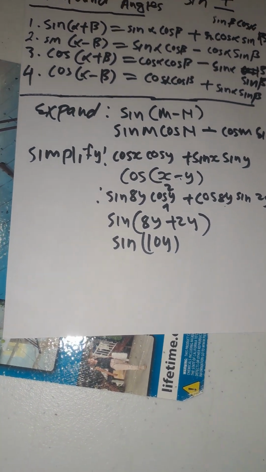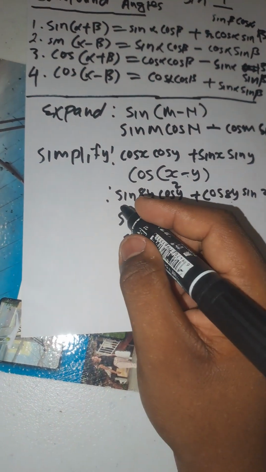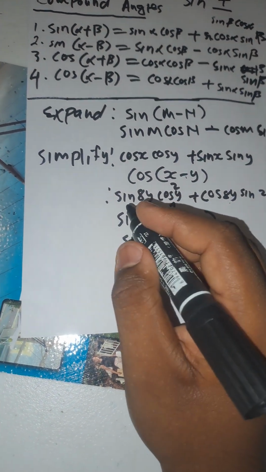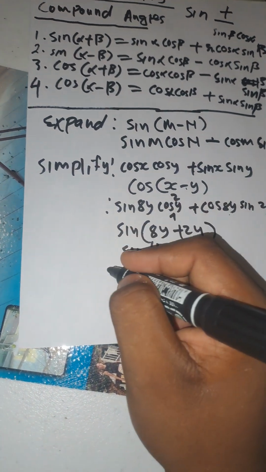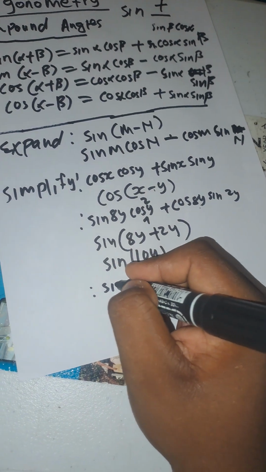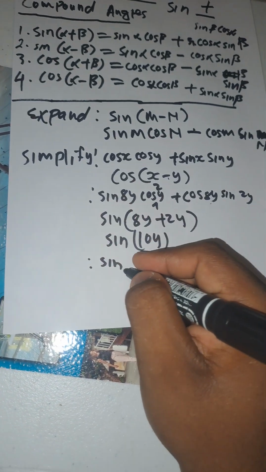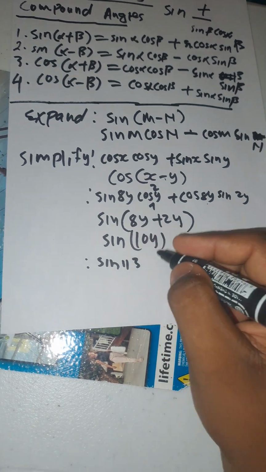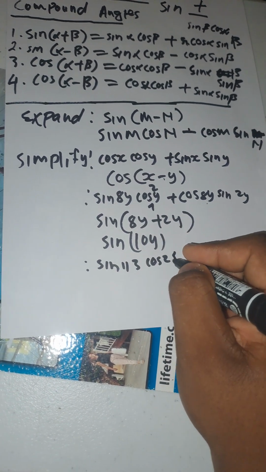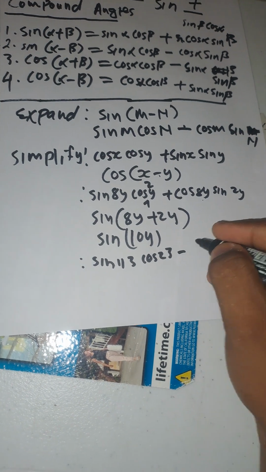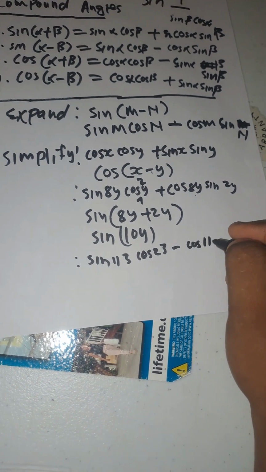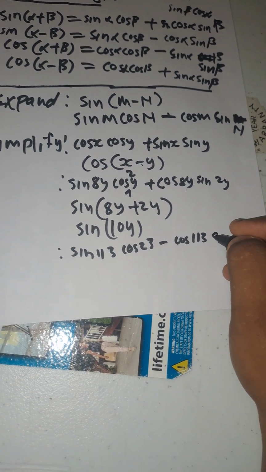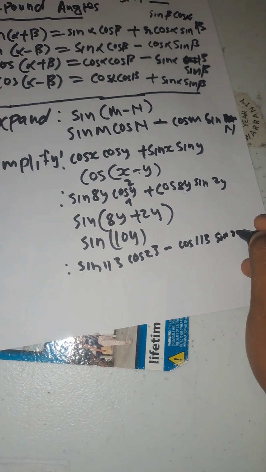Okay, and then let me check the last one for the day. Sine 113 cos 23 minus cos 113 sine 23.